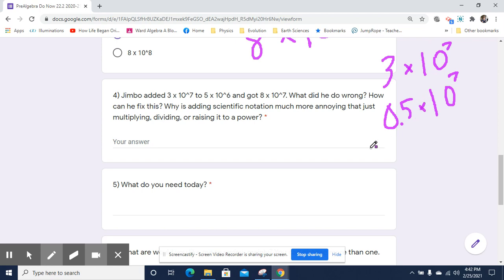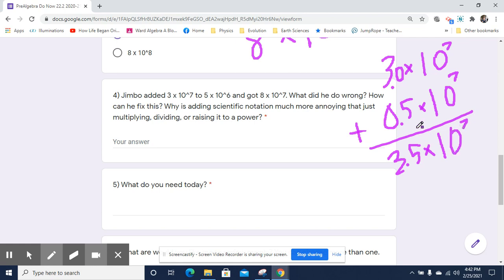And when I add these together now, my place value is all set. This 0 and this 3 are both in the 10 millions place. So I add it all together. That's a 3.0, of course, so that becomes a 5. Put a decimal there. 3 plus 0 is 3. And I just keep my power.